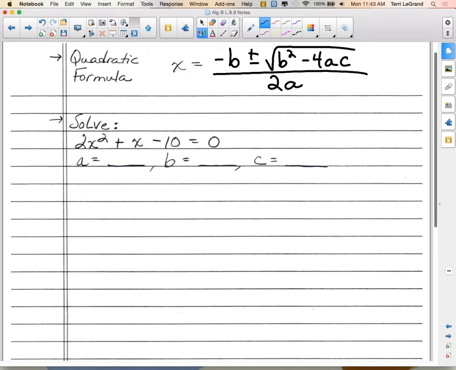Trust me, the day will come and you're going to be able to do it for the rest of your life like I did. Opposite of b, plus or minus the square root of b squared minus 4ac all over 2a.